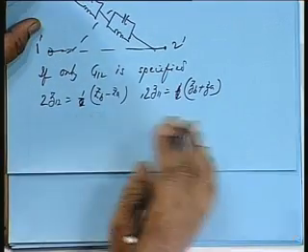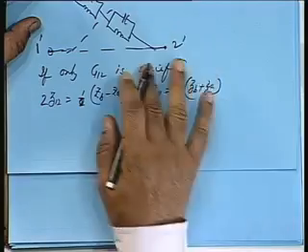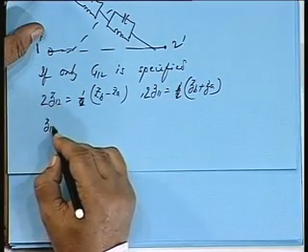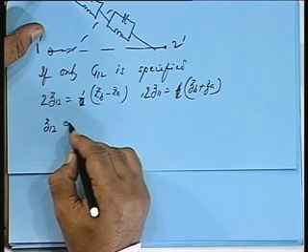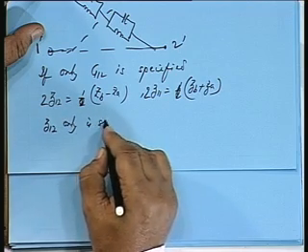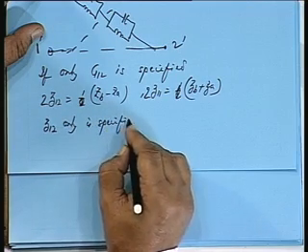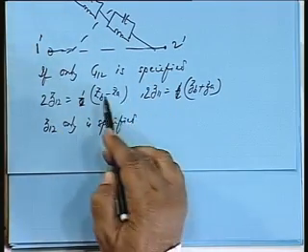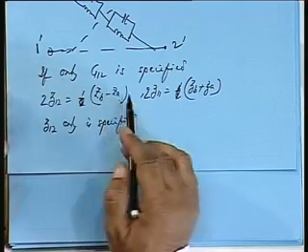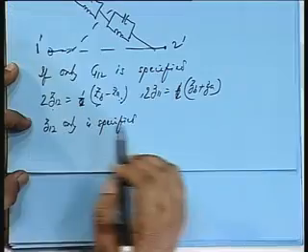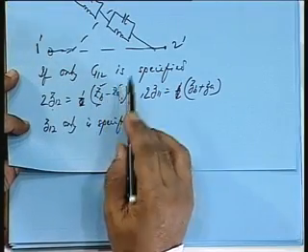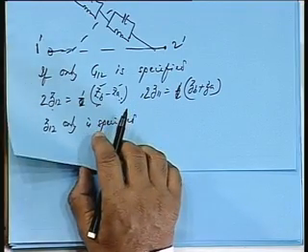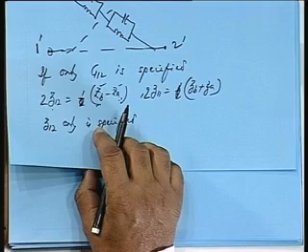Let us come to G12 specifications just a little later. If only Z12 is specified, if you are given only Z12, then I can always adjust ZB and ZA in such a way that ZB minus ZA corresponds to Z12, and both ZB and ZA are positive real functions.